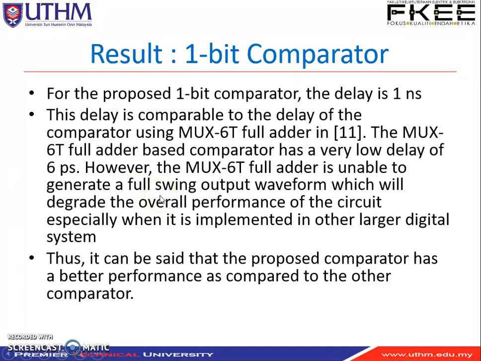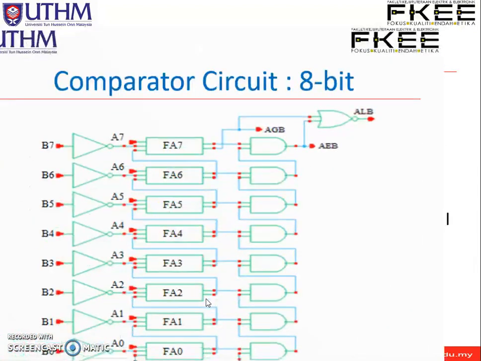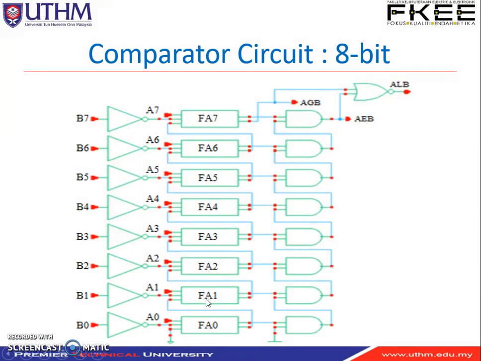And the problem is what we have mentioned just now: this comparator will have a degraded output waveform when it is cascaded to form a higher order comparator. So our proposed comparator is better in terms of the voltage swing, and it can be cascaded to form a higher order. So this is the 8-bit comparator circuit.